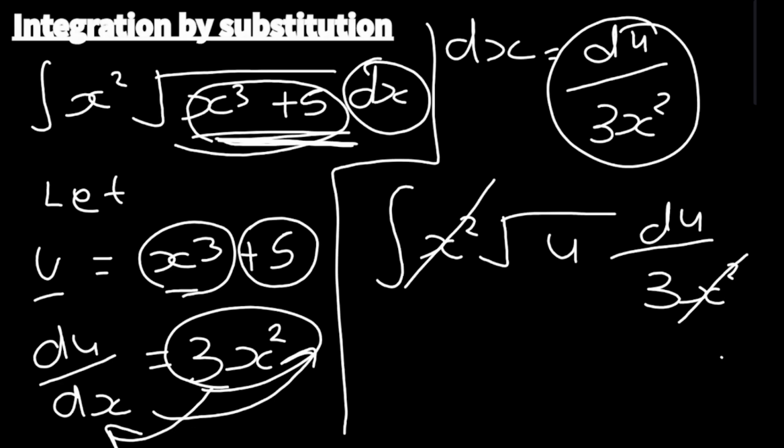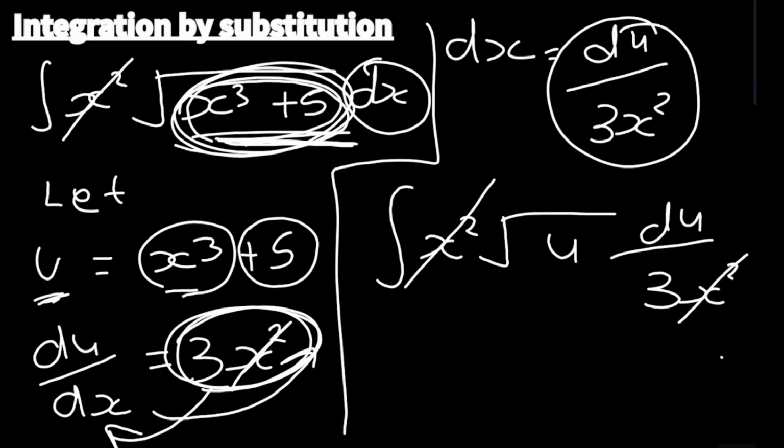Now you can see why we chose this part of the function to be represented by u, so that when we differentiate this part of the function, we can get 3x squared and this x squared, which will cancel out with that. As you do more examples, you will be comfortable which part of the function to choose.